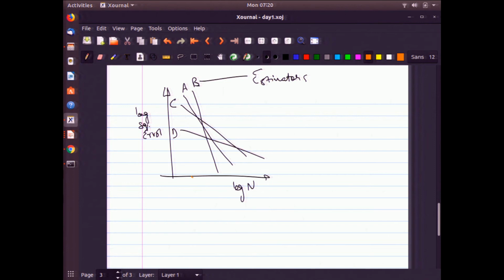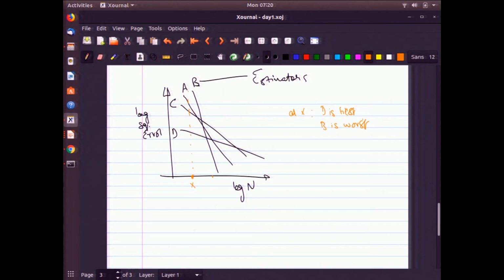So if I choose n here, and I rank these algorithms at some point x, which is the best? D is the best, and B is the worst, right?